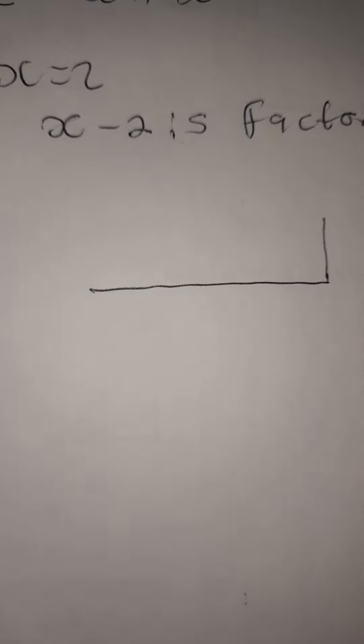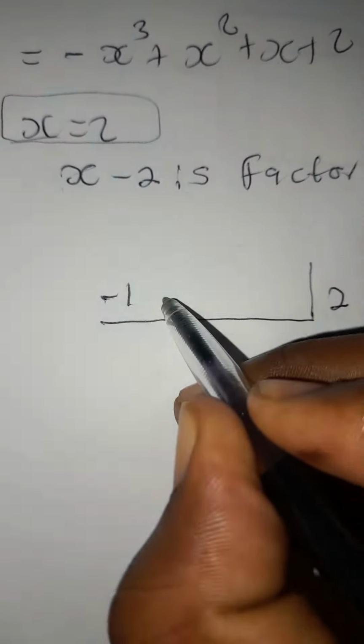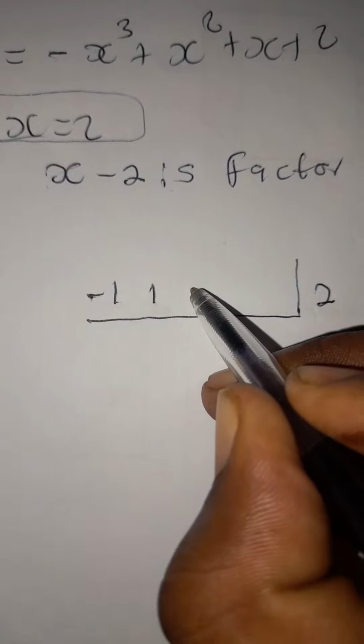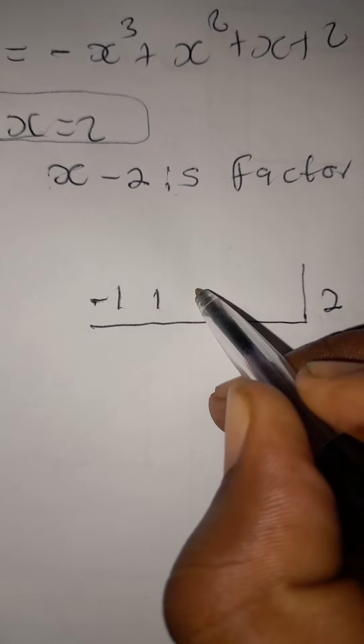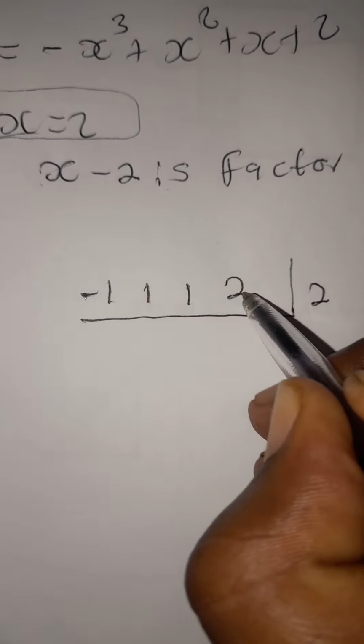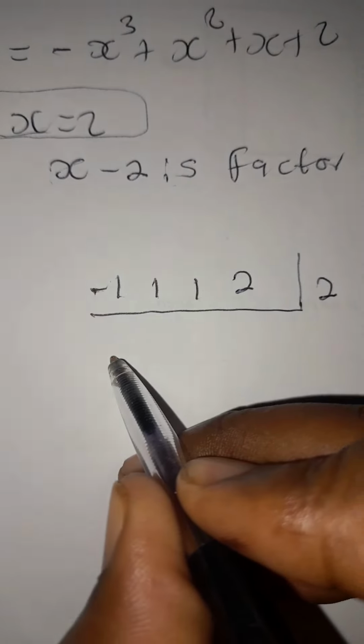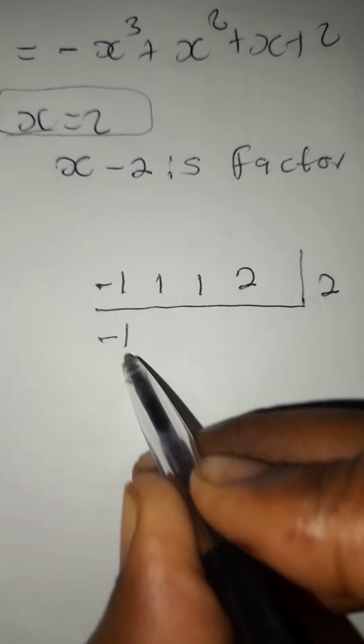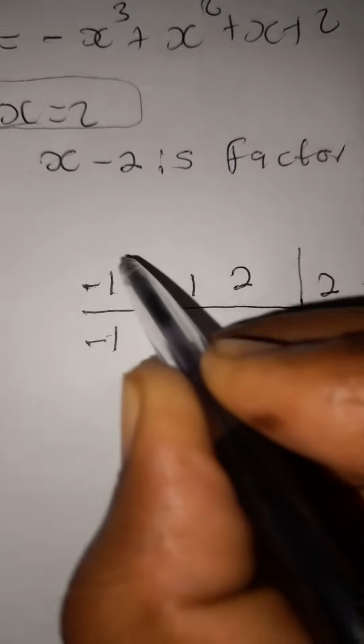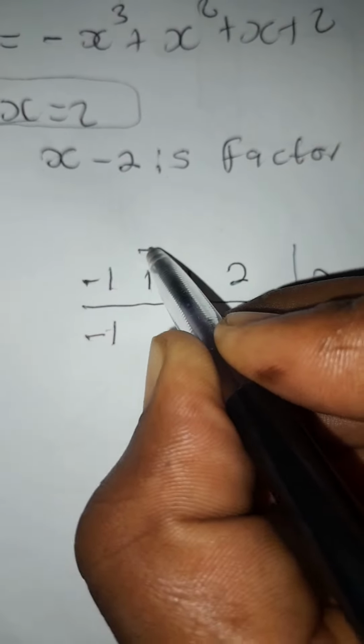It's a backward L. So here you place the factor that we have calculated. Then we take the coefficients: negative 1, 1, 1, and 2, the constant. Drop the first coefficient, which is negative 1. Negative 1 times 2 is minus 2.